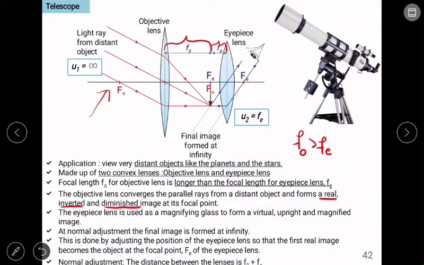Real, inverted, and diminished. Now, the eyepiece lens here is used as a magnifying glass to form a virtual, upright, and magnified image. Meaning our first image is real, inverted, and diminished, and our second image is virtual, upright, and magnified.